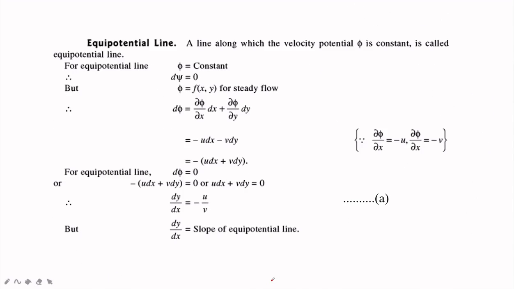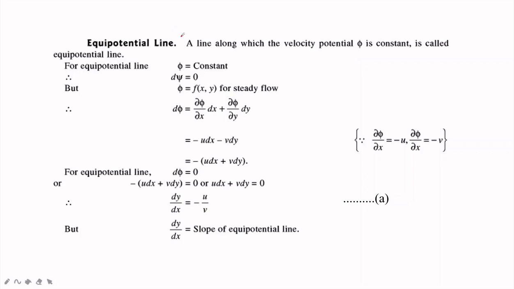Now you will see another concept, that is the equipotential line. As the name suggests, equipotential, the potential should be equal. Whenever the potential heads are equal, if we take a line on those heads, then it is called an equipotential line. A line along which the velocity potential phi is constant is called an equipotential line.